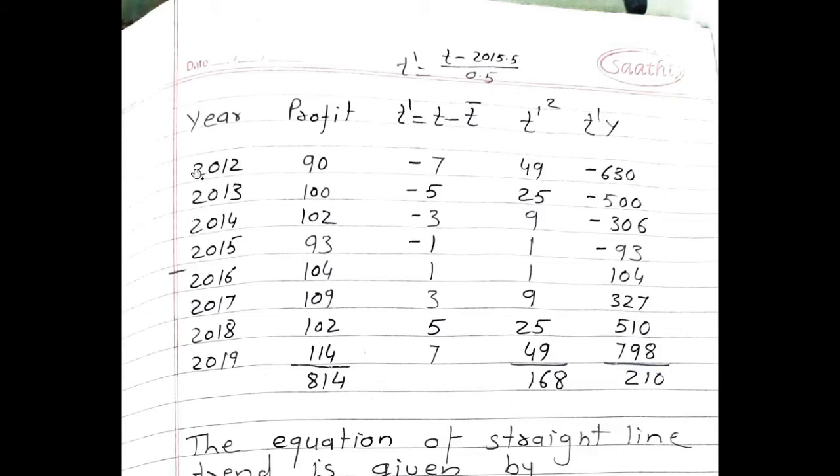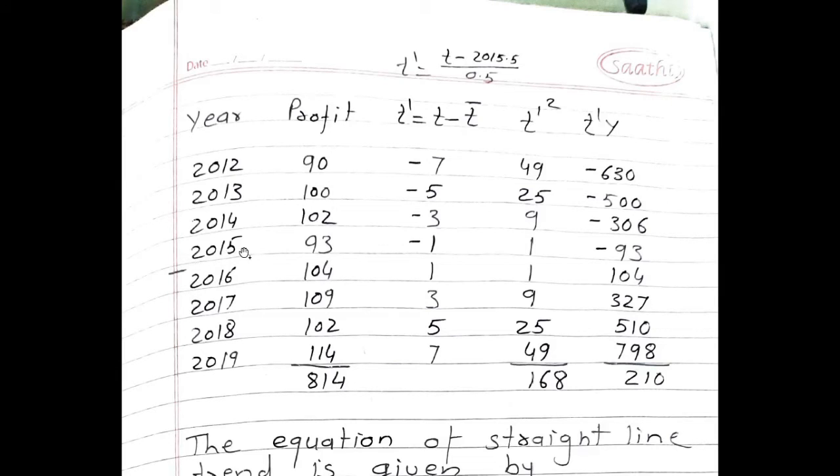So 2012 minus 2015.5 divided by 0.5 will give you minus 7. 2013 minus 2015.5 divided by 0.5 will give you minus 5. 2014 minus 2015.5 divided by 0.5 will give you minus 3. 2015 minus 2015.5 divided by 0.5 will give you minus 1.